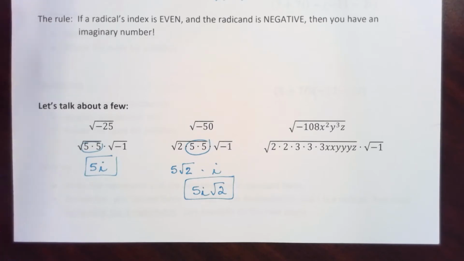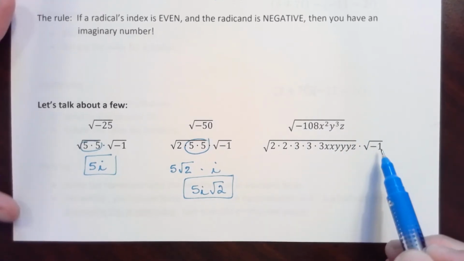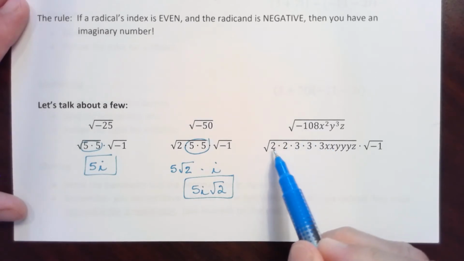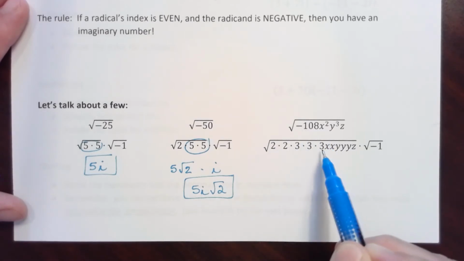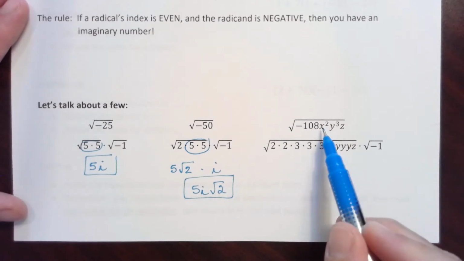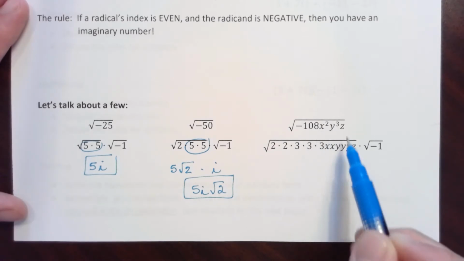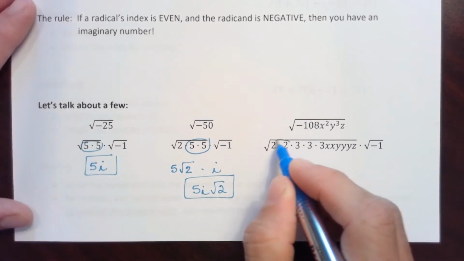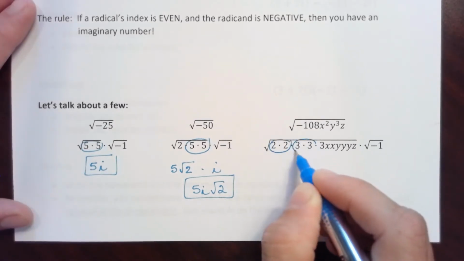Finally, we have the square root of negative 108x squared y cubed z. We went ahead and took out the negative, wrote the prime factorization of 108, that's 2 times 2 times 3 times 3 times 3. We have 2 x's, 3 y's, and a z. Now we need to partner these little guys up, so the 2's can partner and the 3's can partner.